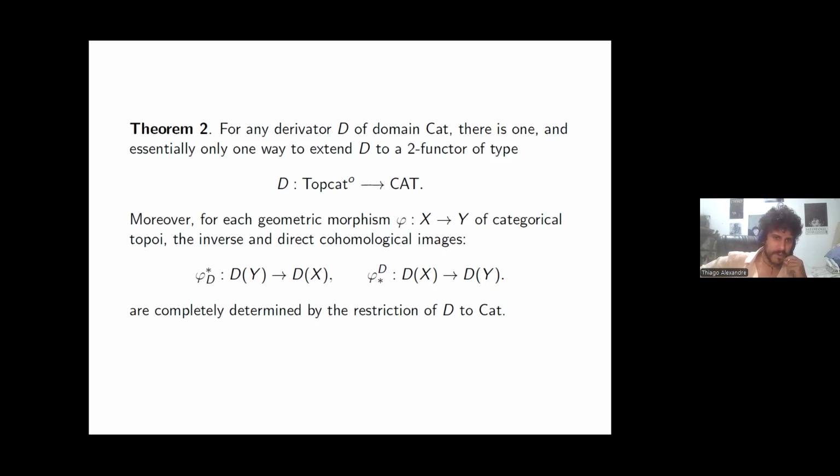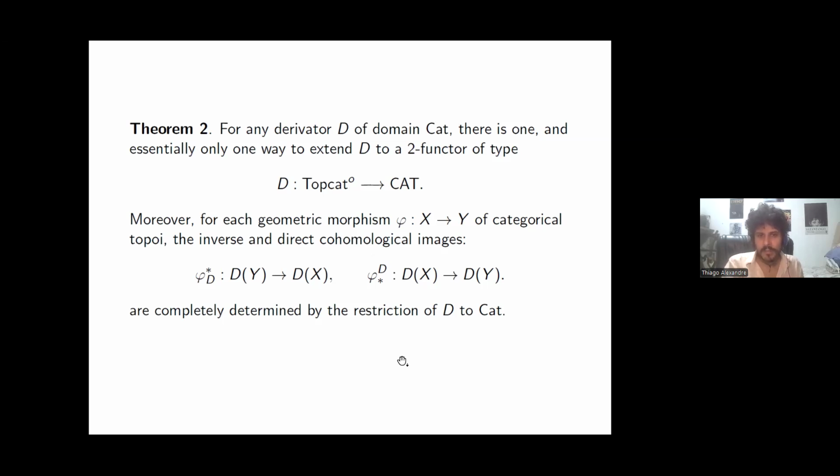So this ends this first part, a very technical part but very important. Actually, anytime we have a derivator we automatically have this canonical extension to categorical toposes and arbitrary geometric morphisms between categorical toposes.